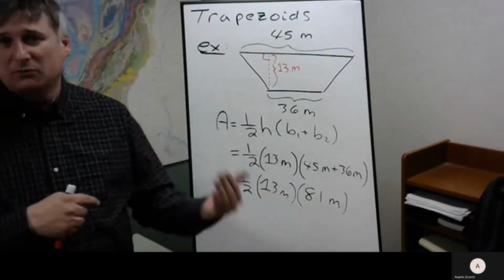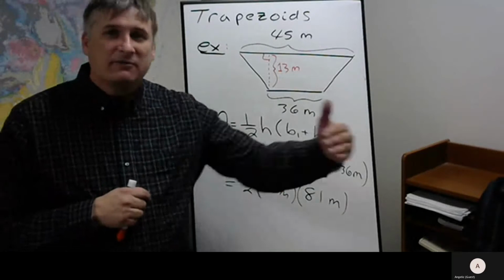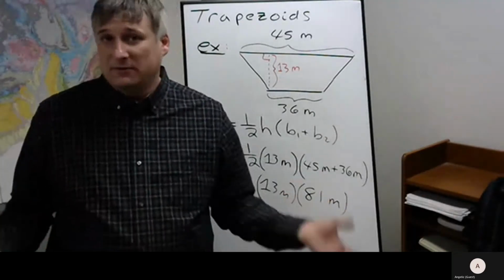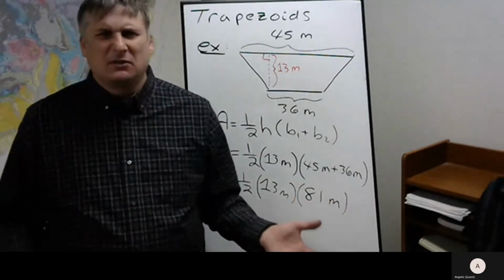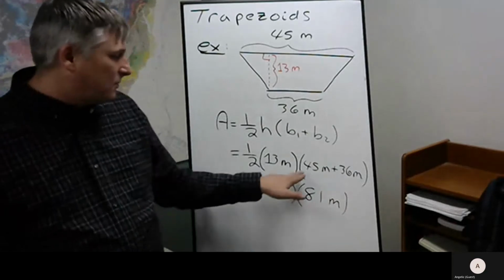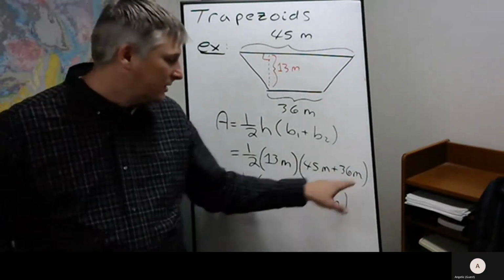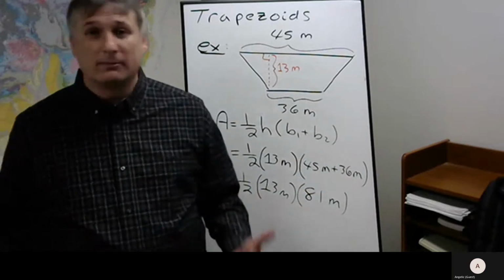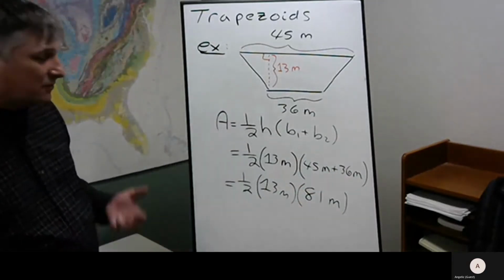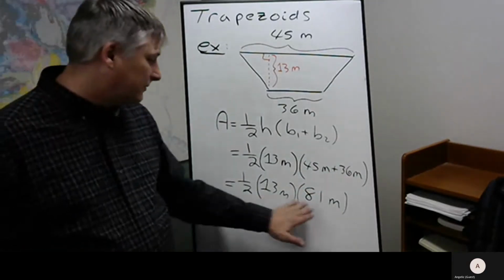It's sort of like if you walk 10 feet and then you walk 5 feet more, you've now walked 15 feet, not 15 feet squared. So same thing, if you walk 45 meters and then walk 36 more meters, you've walked a total of 81 meters. So now we do our multiplication from left to right.